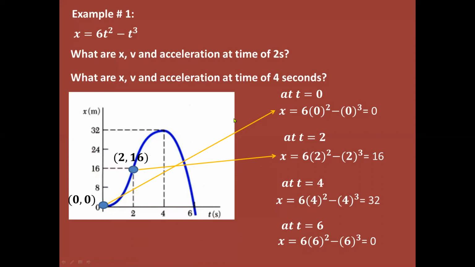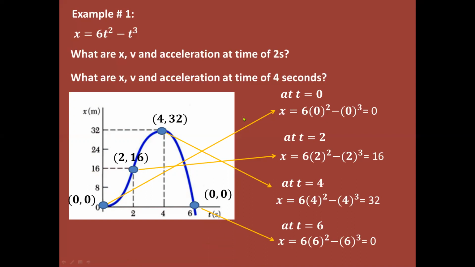For the third one, by using the time of 4 seconds, we have calculated for the value of x as 32 meters so that we can have the coordinates of 4 and 32. And for our last coordinate, by using the time of 6 seconds, we have calculated for the value of x, which is equal to 0. It is also our ordinate. Now we have the coordinates as 6 and 0.